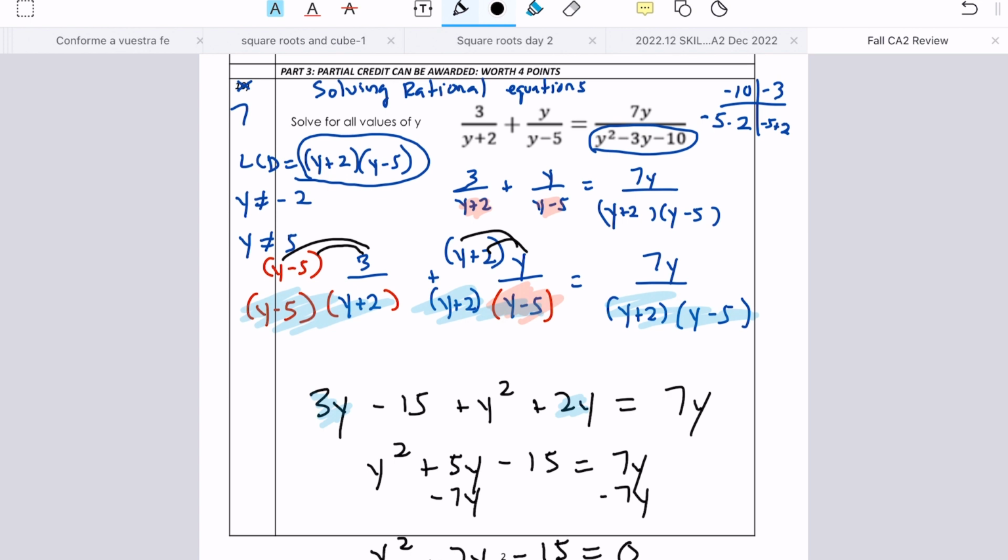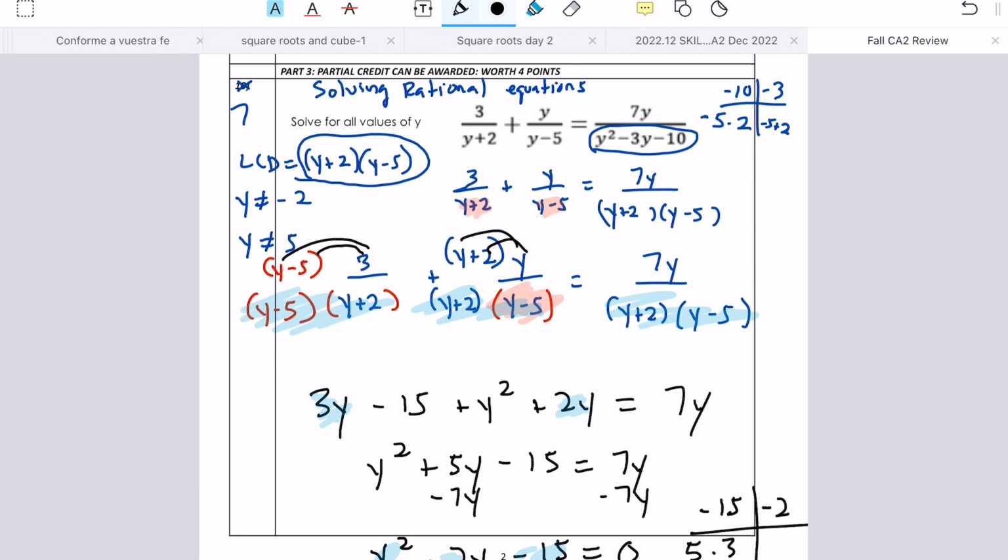Now I have to solve for y. So I'm going to factor. I see my y squared. I see my negative 15, negative 2. So I'm going to look at the factors of negative 15 that add up to negative 2. So 5 times 3 is 15.